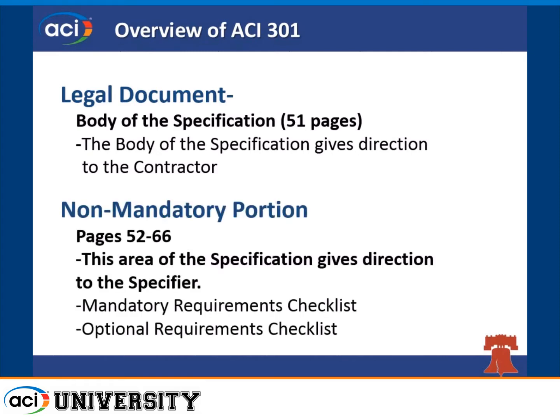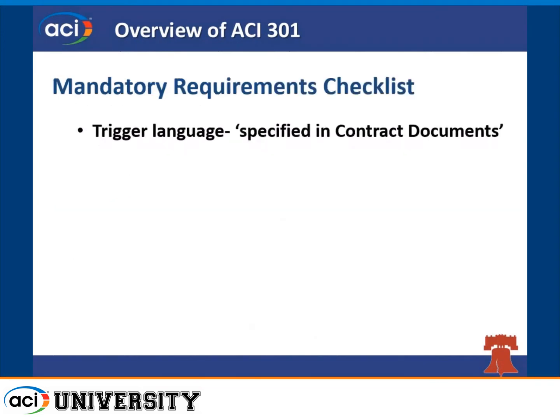So the non-mandatory portion of 301, for those of us who aren't intimate with the document, is on the back. The last few pages are a mandatory and optional checklist written to the specifier to have them make decisions on how they're going to do this project. We have examples, and I believe Frank's going to go through several, and Nick's going to show how to pull this document into your contract documents.